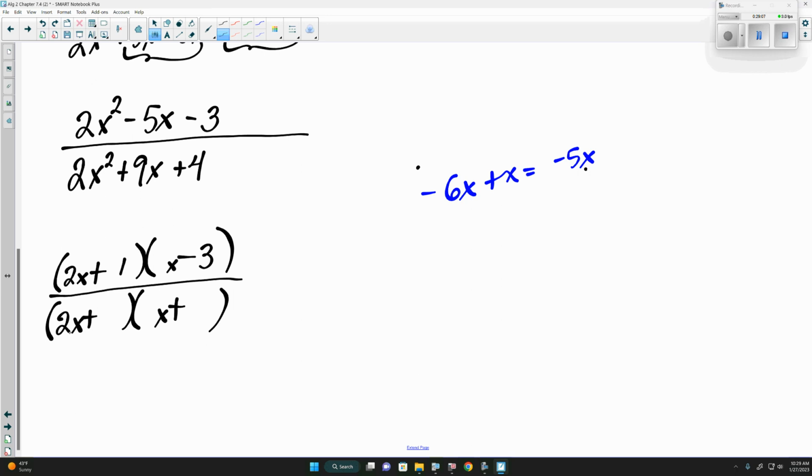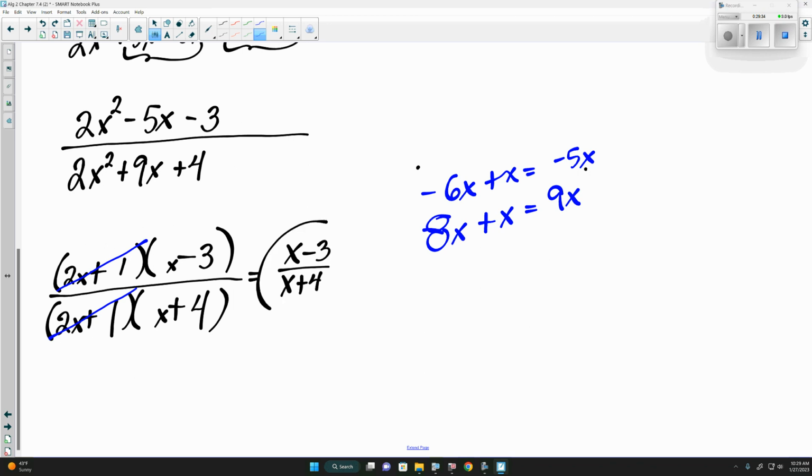So we'll need possibly one of them to be 2x plus 1 and x plus 4. And if we check this here, 2x times 4 is 8x. 1 times x is plus x, which is the middle term we wanted. Yes? So that tells us what? These cancel out, leaving us with x minus 3 over x plus 4.